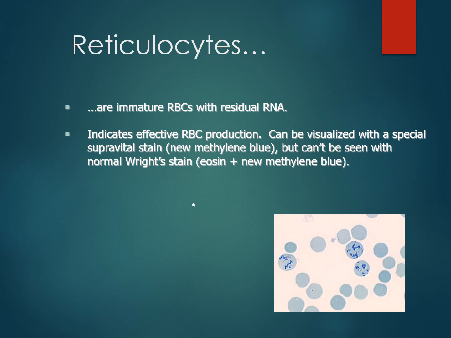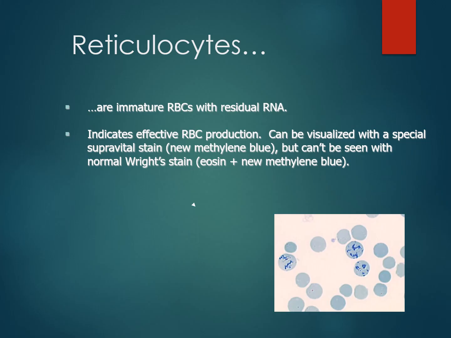Now, this picture that I've shown you here, again, is stained with a new methylene blue stain. It can be visualized with the new methylene blue, and sometimes you will hear new methylene blue stain considered a supravital stain.